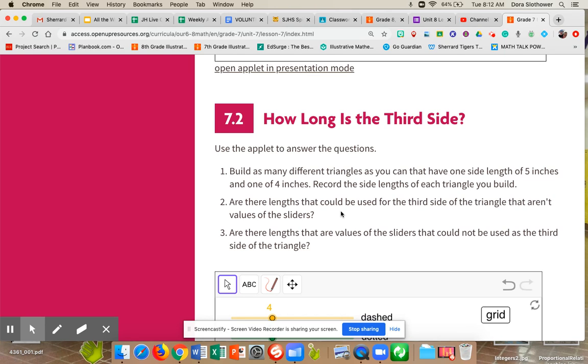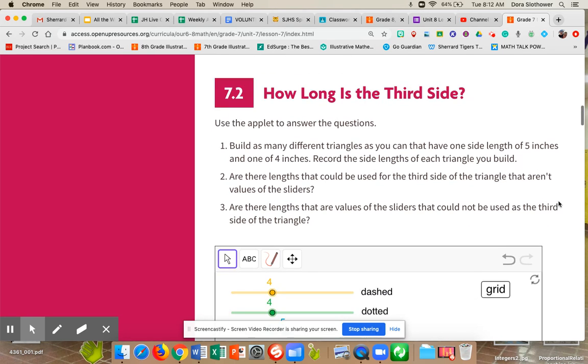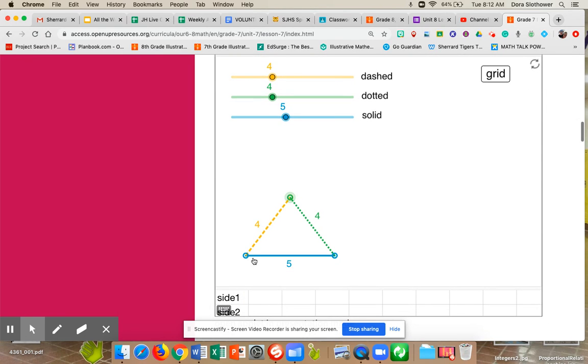It says build as many triangles as you can that have a side of 5 and 4 inches. Record the side lengths of each triangle you build. Okay, I started out. This has a side of 5 and a side of 4. The other one was already 4, so I left it there, and I connected it.